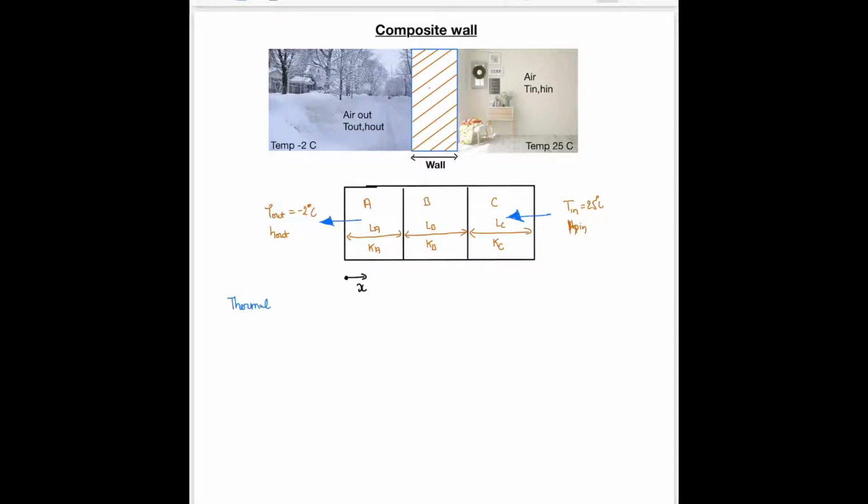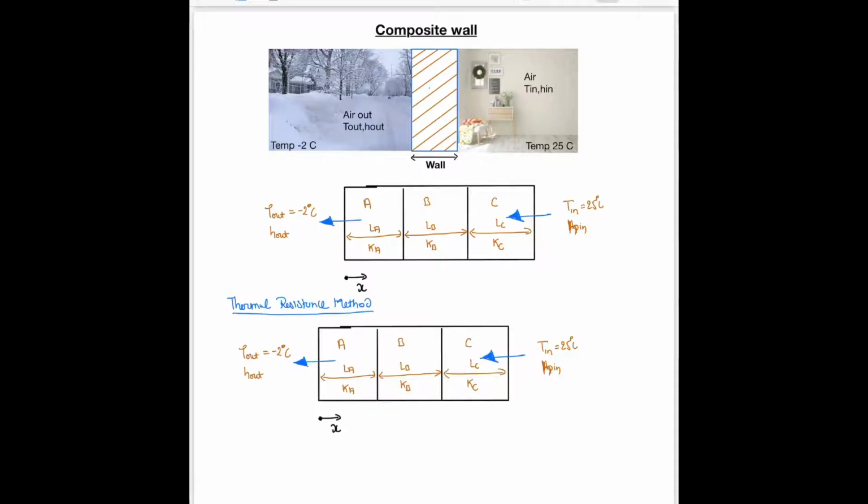So here we will have three thermal resistances: one due to the convection of the outside air, one due to slab A or wall A, then B, then C, and again convective resistance due to the air inside the room.